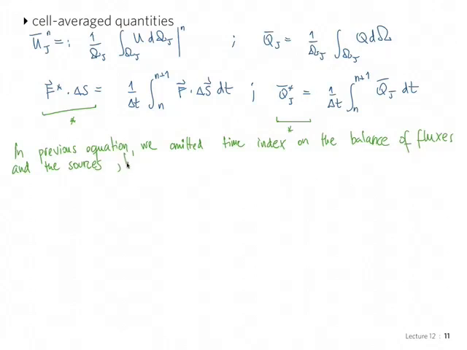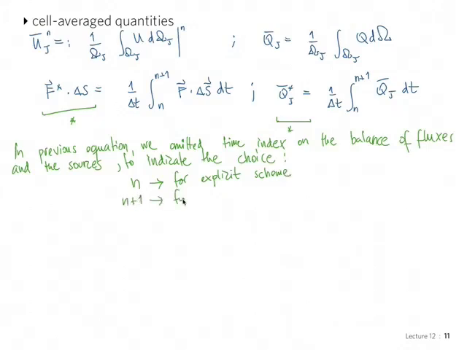And this is to indicate, we omitted to indicate the choice that we have of n, and we get an explicit scheme, or n plus 1 for an implicit scheme.